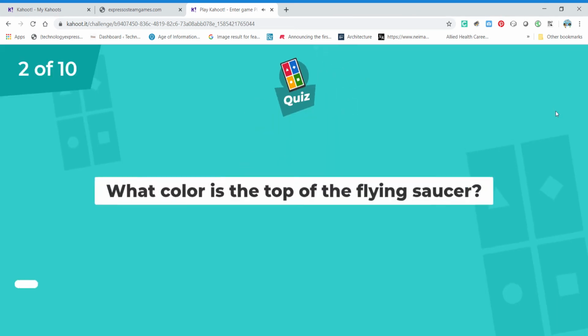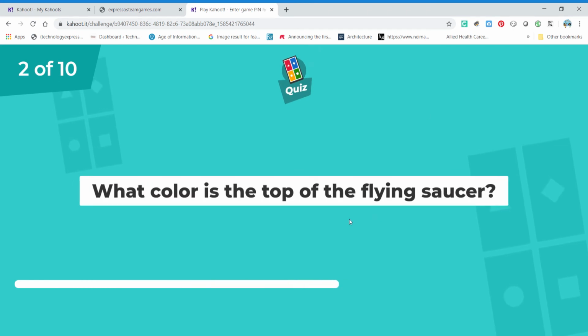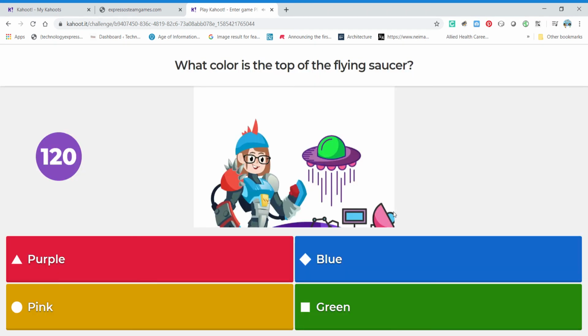So we hit next. We're on the second question. Again, there's a question if you want to try and read through that quickly. And that's why the different age ranges, they can read quicker, they can read the answers. But for our newbies, I'll read it for you. What color is the top of the flying saucer?